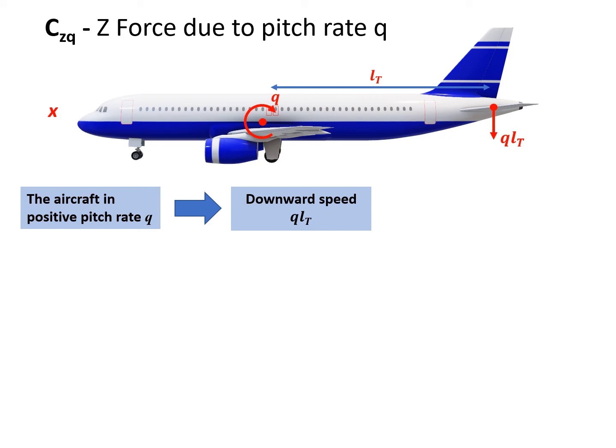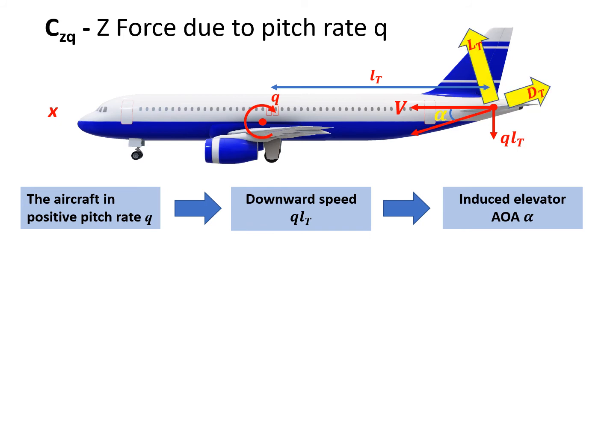Since the aircraft is traveling at a speed of V, and it's the same for the elevator, in total there's a velocity pointing left and downward, and a small angle of attack is induced, denoted by alpha. Then there will be induced lift and hence drag, so lift and drag are produced on the elevator.